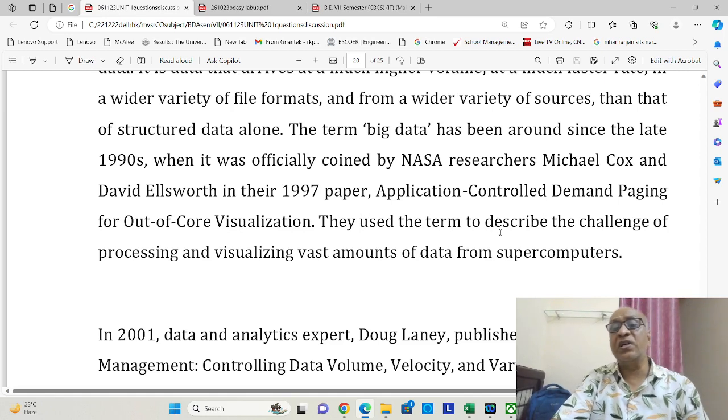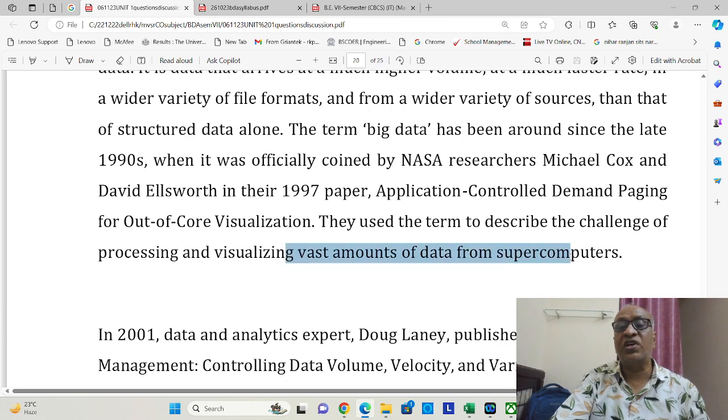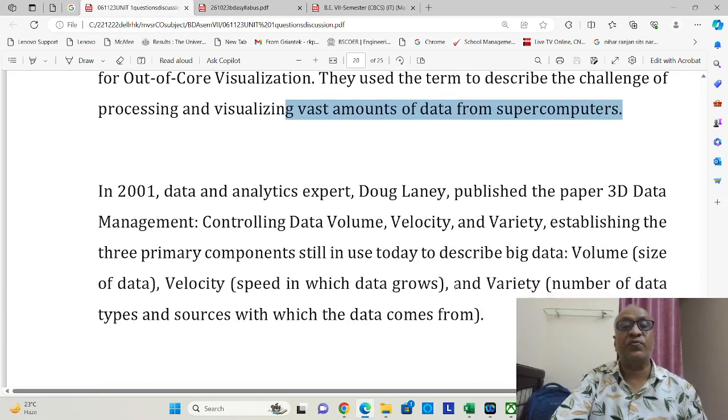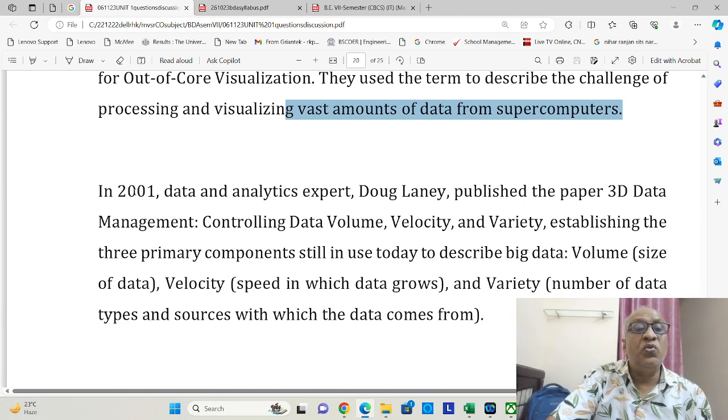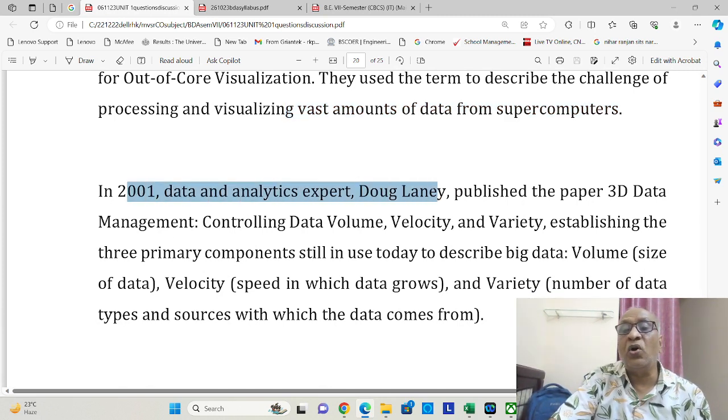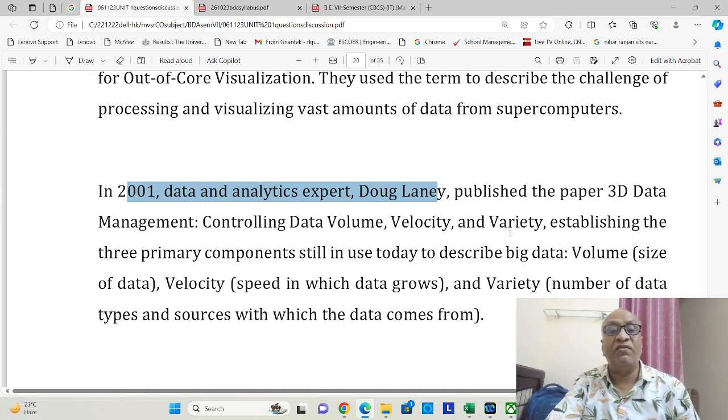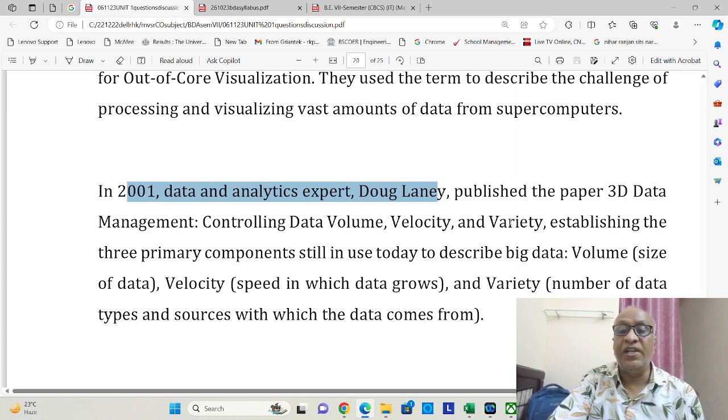They used the big data term to describe the challenge of processing and visualizing vast amounts of data from supercomputers. In 2001, there was one more paper by Doug Laney. He spoke about 3D data management: data volume, velocity, and variety.